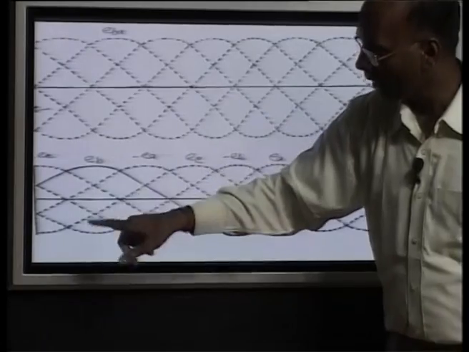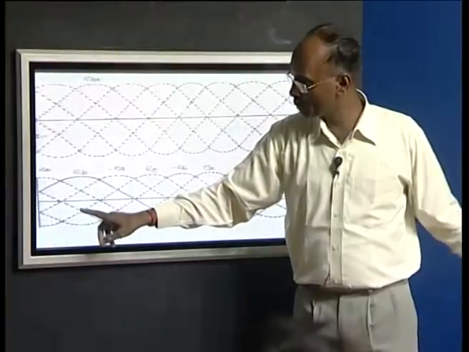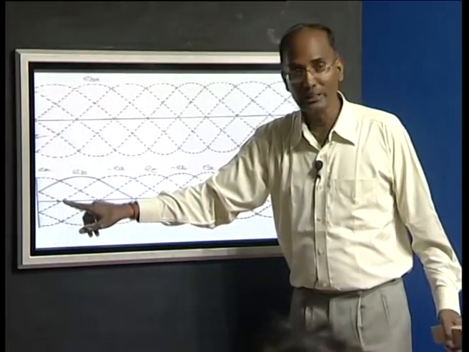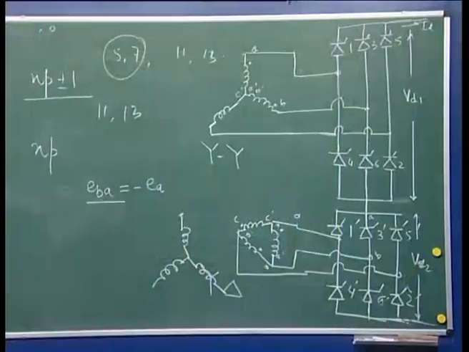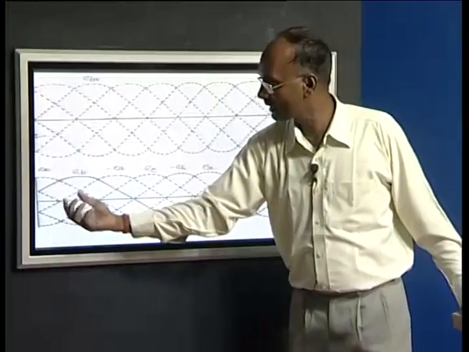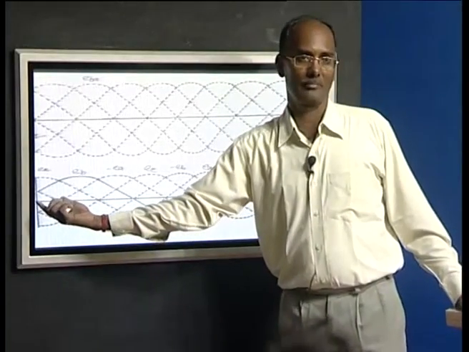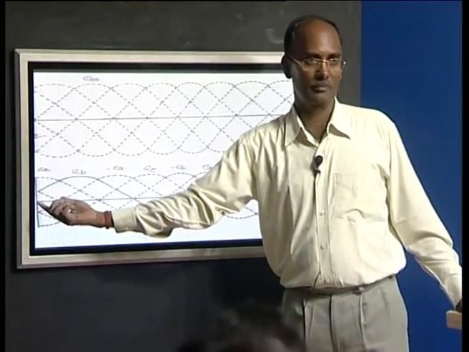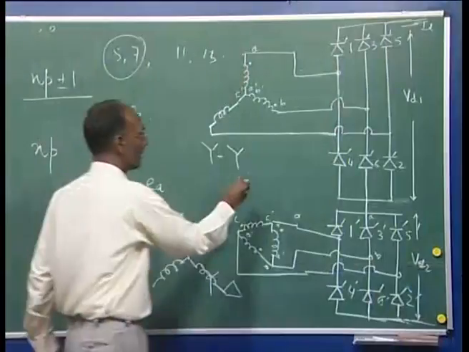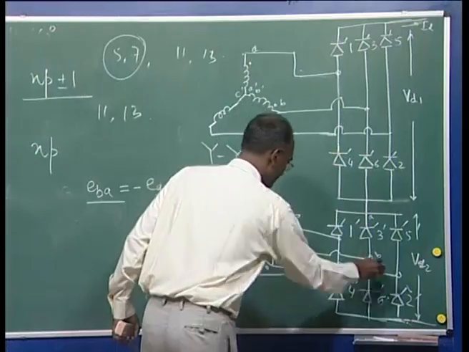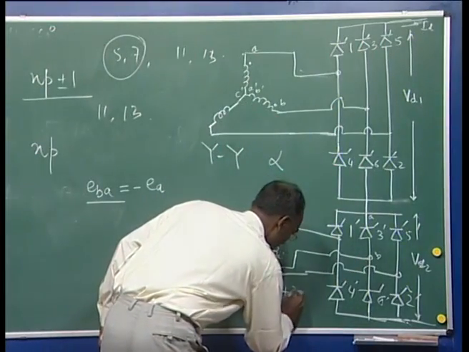Coming here, the voltage across it should be minus EA, positive, because minus EA should be positive. This angle is 30 degrees, and this is the phase shift. So your first valve is fired here, the same pattern with alpha degrees, so here it will be alpha plus 30 degrees.